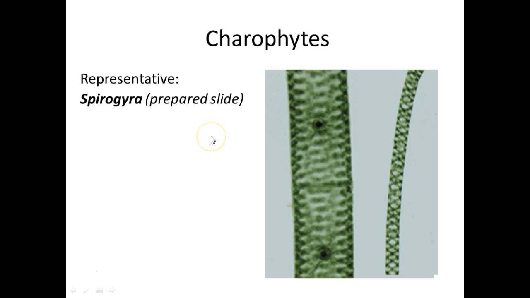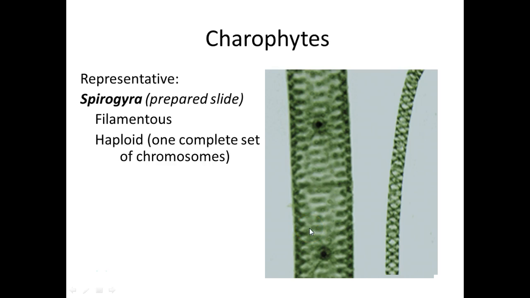So for Spirogyra, right, filaments, as you can see, end to end, they're haploid, which means one set of chromosomes. What are we? Diploid, two sets of chromosomes. Where'd you get the two? One from mom and one from dad, right? So these don't really have moms and dads, but they can sexually reproduce.